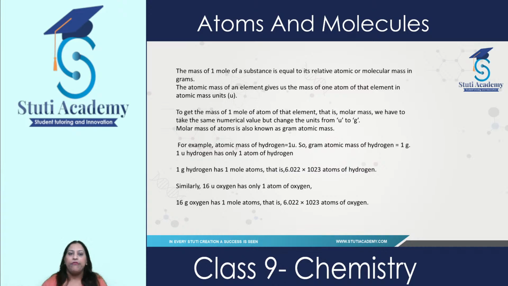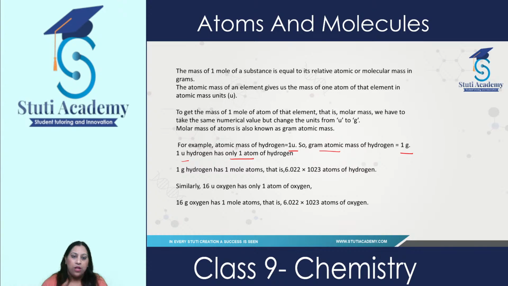So the mass of one molecule of a substance is always equal to its relative atomic mass, which I have already explained to you. A few examples: atomic mass of hydrogen is 1 U, and gram atomic mass is 1 gram. So 1 U hydrogen has only one atom of hydrogen, and it is easy for us to calculate the number of atoms in the hydrogen element.